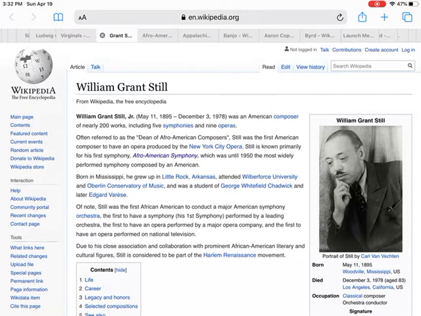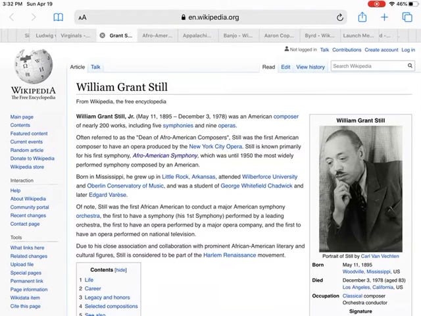The same character, but with slightly different overtones. Who else? Duke Ellington, the great jazz musician. He's part of this movement. So these are artists celebrating African American culture, the rich culture that it is.